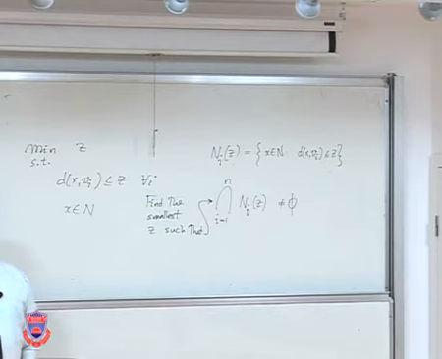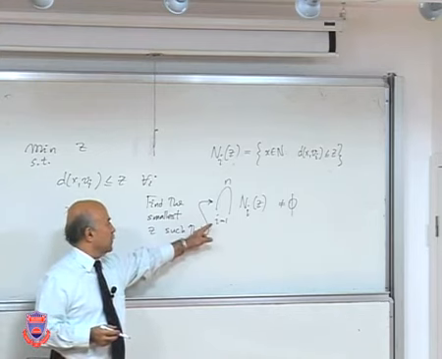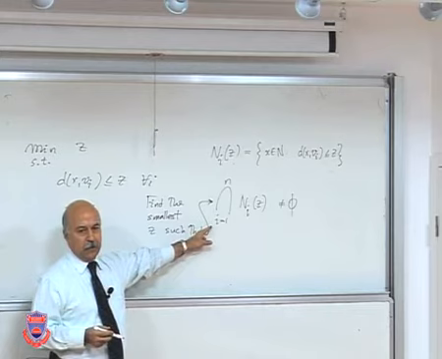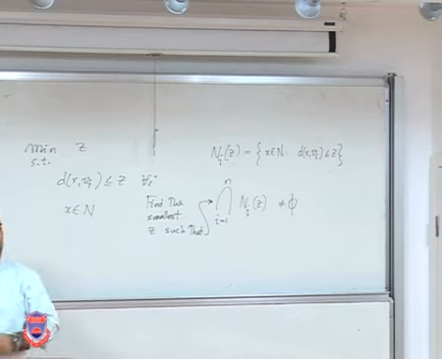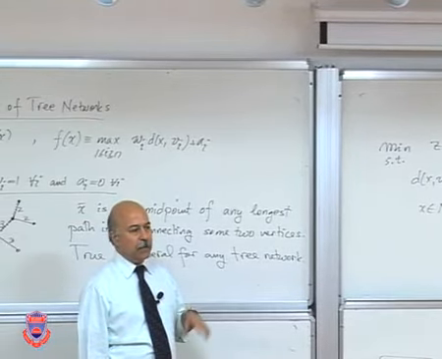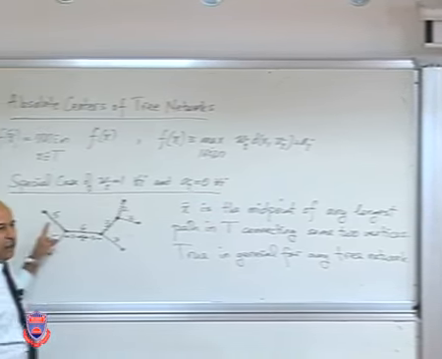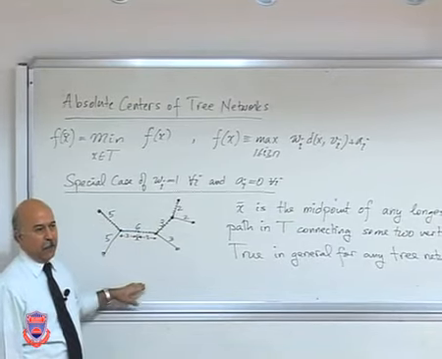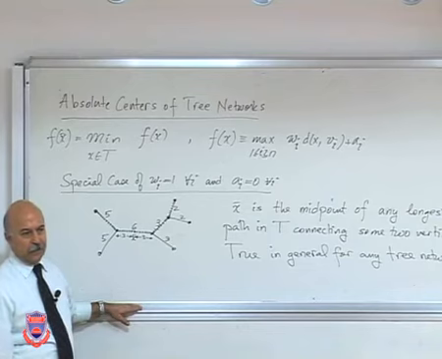Now, that geometric viewpoint is still valid. However, for the case of general networks, the algebra is a bit more difficult. It was worked out, but it's not as clean as the tree network case. For the tree network case, if you assume all addends are 0 and the weights are 1, it amounts to finding a longest path in the tree and taking the midpoint of it as your minimizer.